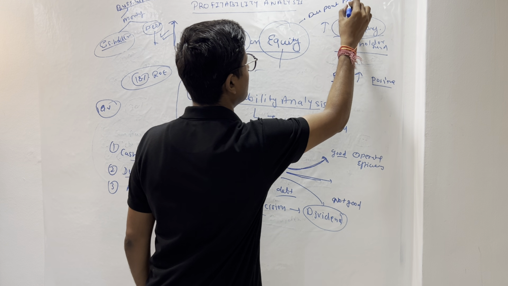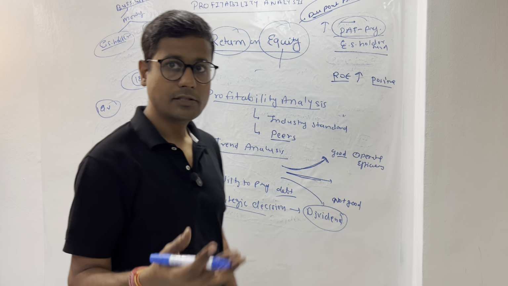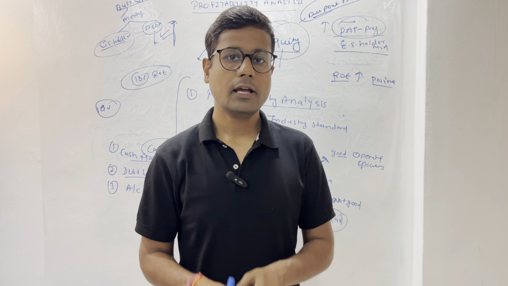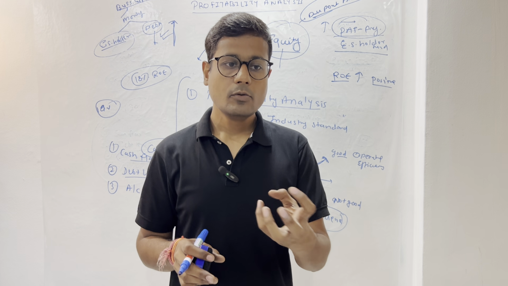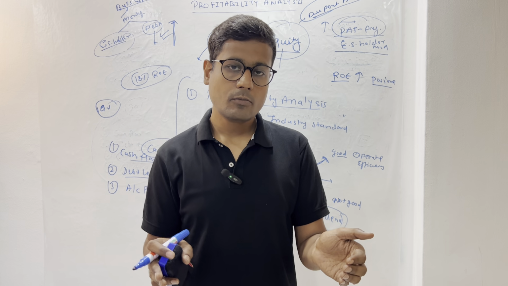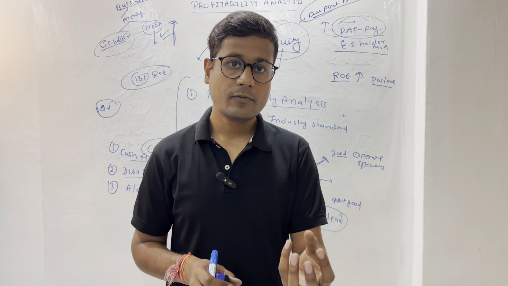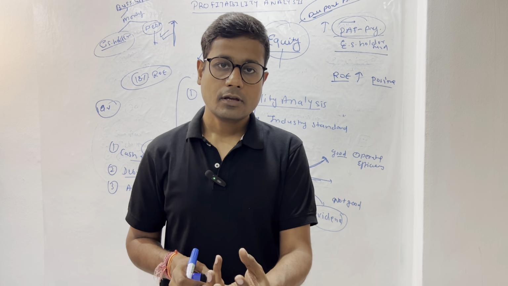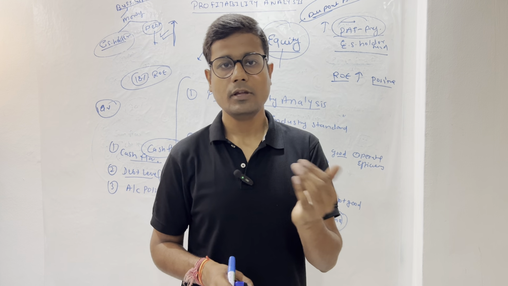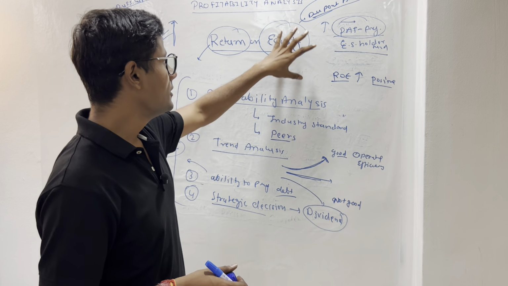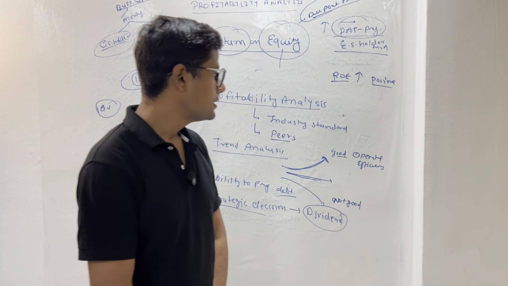This DuPont analysis we are going to discuss in our next video. It will help you dissect this formula, so that you can analyze how the ROE formula is made, and whether a good or bad ROE is the result of operational efficiency, or asset quality, or the utilization of debt which is causing the ROE to increase or decrease. It's a very good analysis that will give you an overall profitability picture of a company.